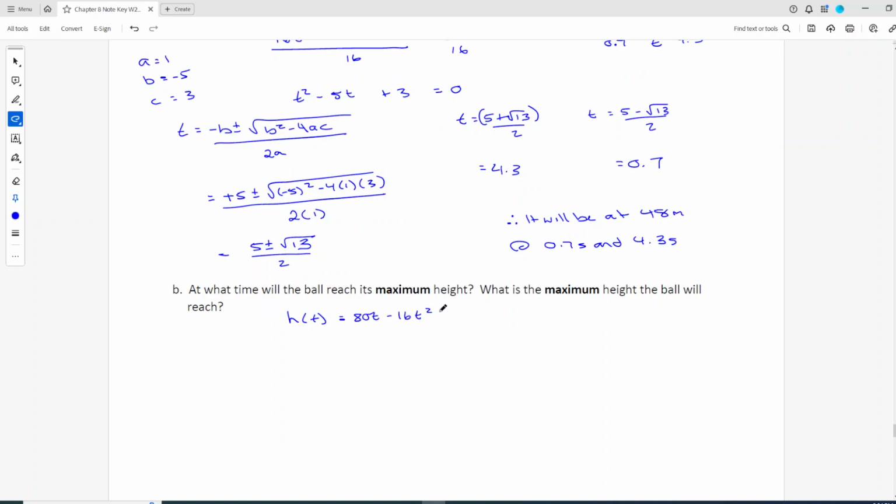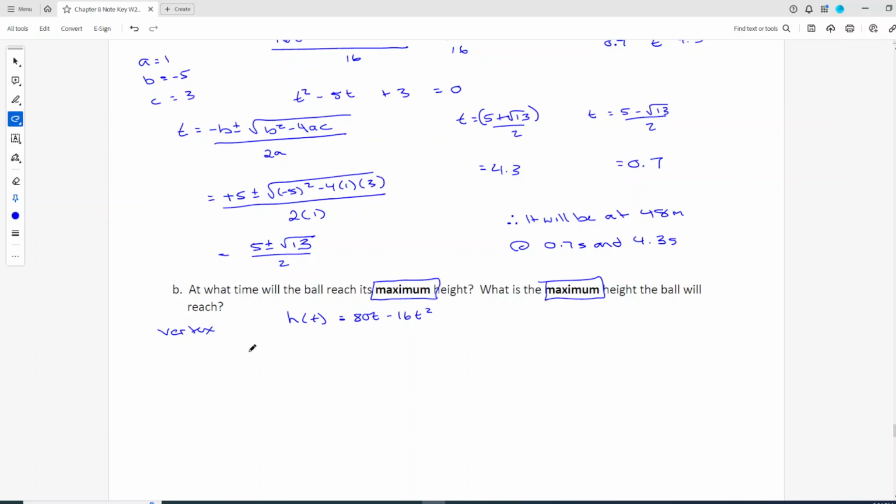We just spent a whole whack of time using factoring, square root method, completing the square, and quadratic formula, and that solves quadratic equations. This one, what's bolded, is maximum. So for this question, we're finding the vertex. We cannot use factoring.